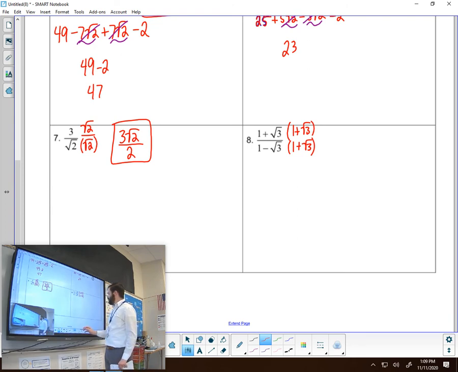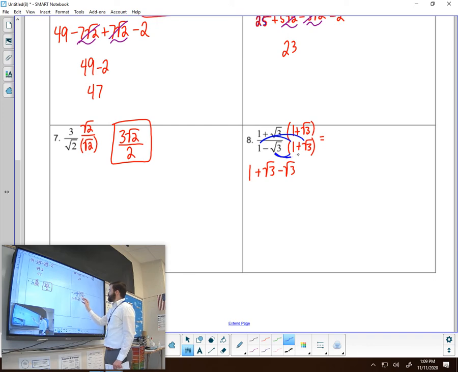All right, so we're going to go 1 times 1 is 1. I'm going to take this and work it out right here, okay? So 1 times 1 is 1. 1 times the square root of 3 is going to give me a positive square root of 3. Negative square root of 3 times 1 is negative square root of 3.